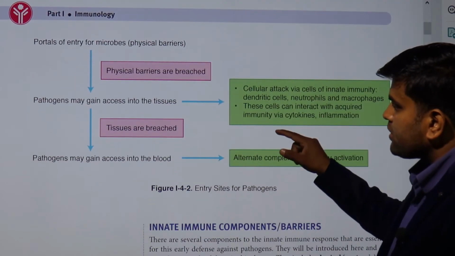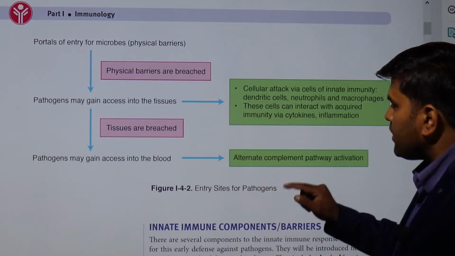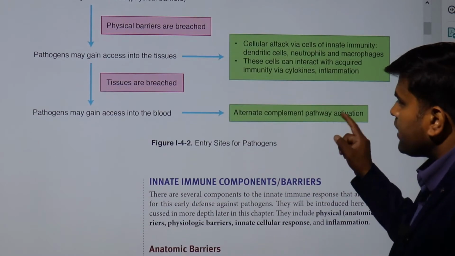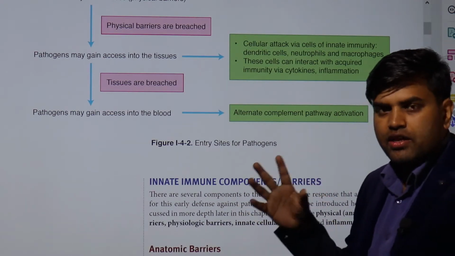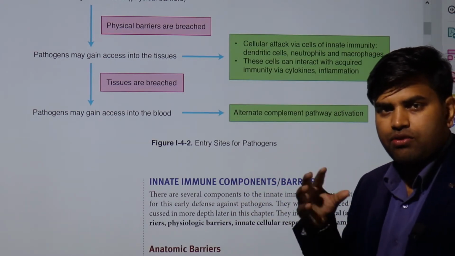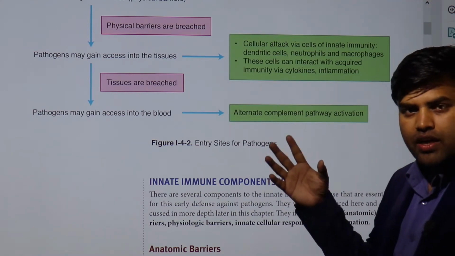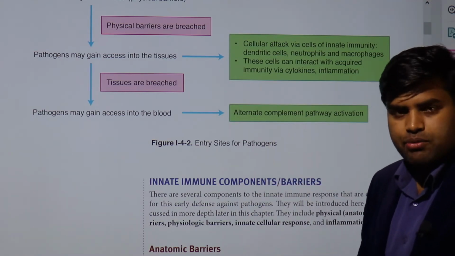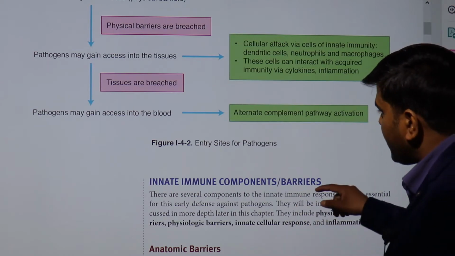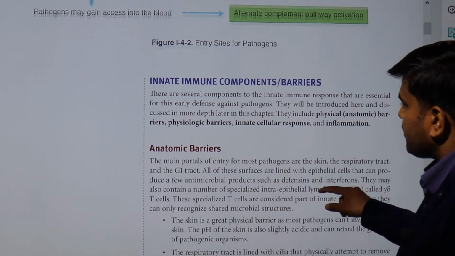If the tissue is breached and the microbe gains entry into the blood, then the alternate complement pathway activates, and in this way they try to control and eliminate the infection. If they are not able to do that, then they take the help of the adaptive immunity, that is antibody dependent immunity, acquired immunity.